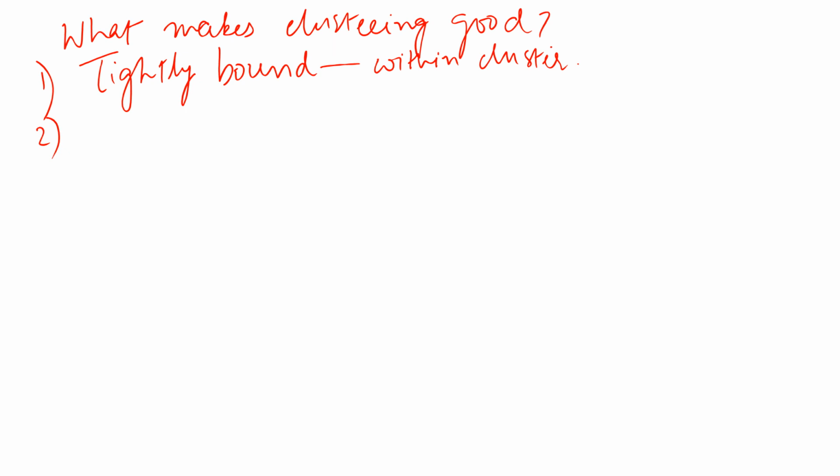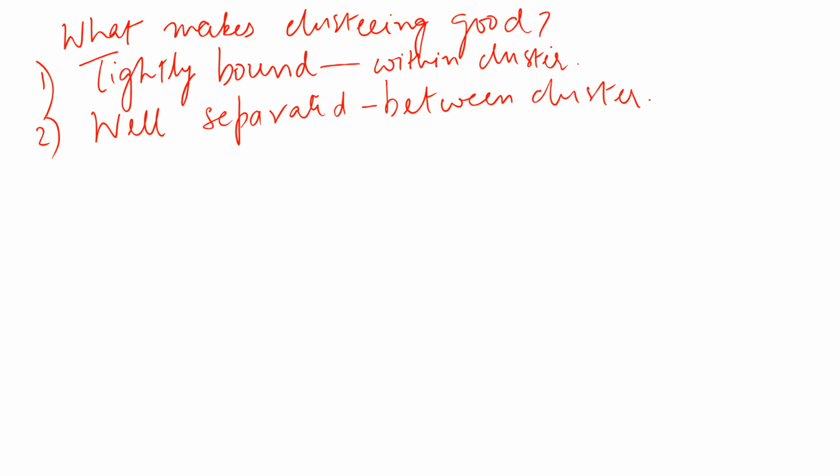So points in different clusters should be well separated, which meant the between cluster distance should be high. So these two criteria ensured that we get good clusters. Now, mostly when we look at what we are going to derive just now, we focus on the first criteria, but then the second follows, and we'll see how, right?